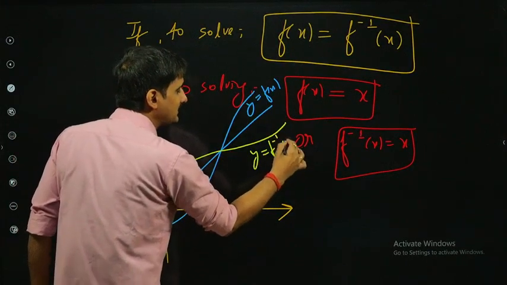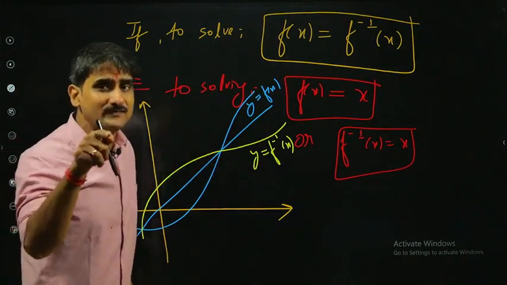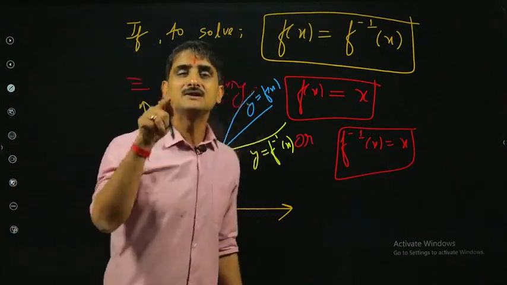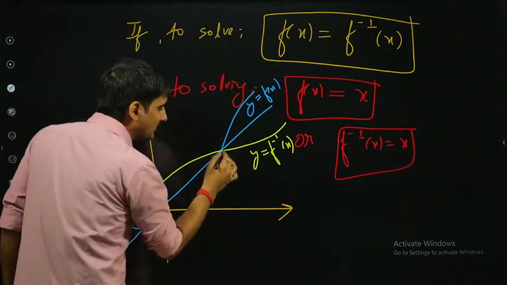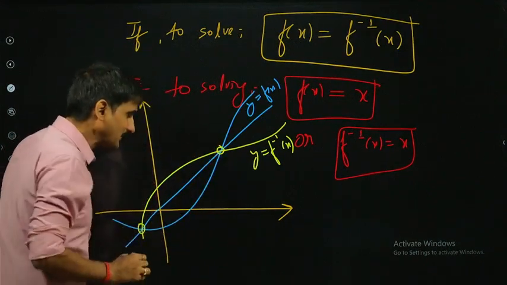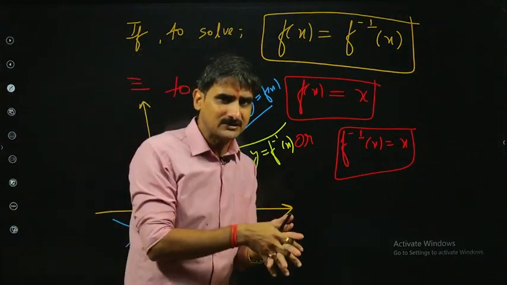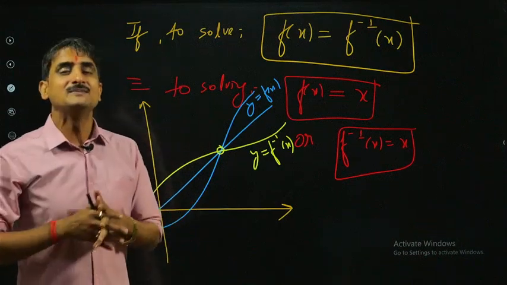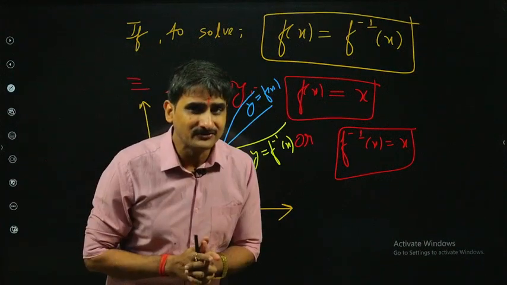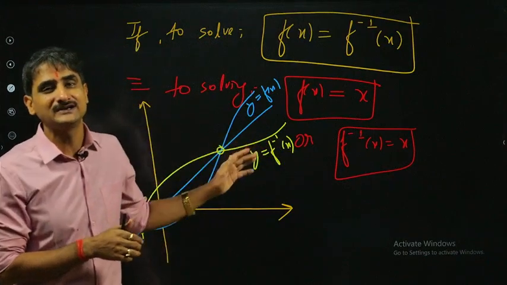When will object and image meet? They can meet only when they lie on the mirror. So the number of points of intersection of the object curve and the image curve will be the same as the number of points of intersection of the object and the mirror.